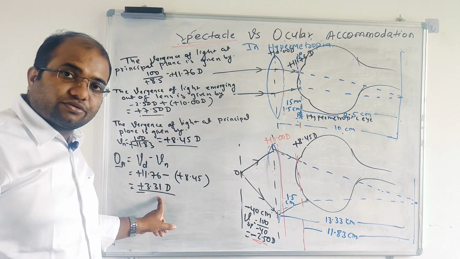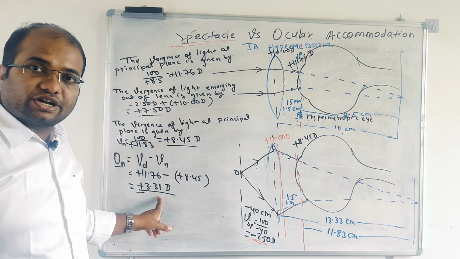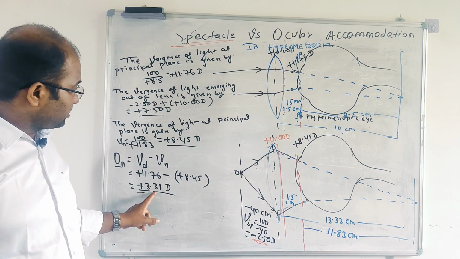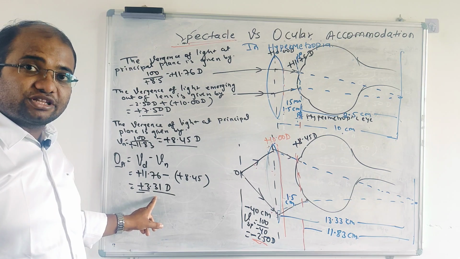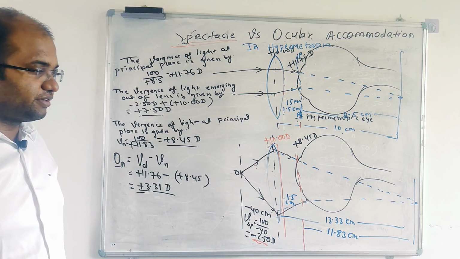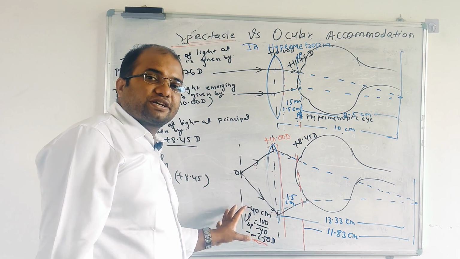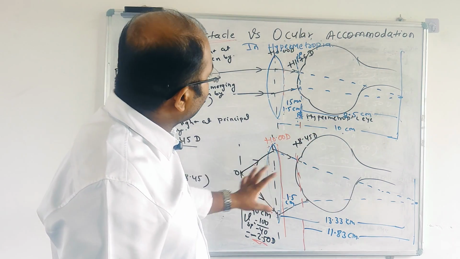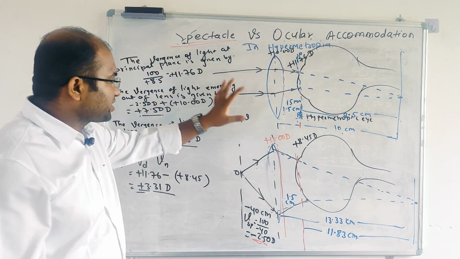You have seen in the emmetrope the ocular accommodation is 2.41 diopter, but in the hypermetropic eye it is 3.31 diopter. So the spectacle-corrected hypermetropic eye will do more accommodation as compared to an emmetrope. This is the overall summary, and this will be asked in essay questions.